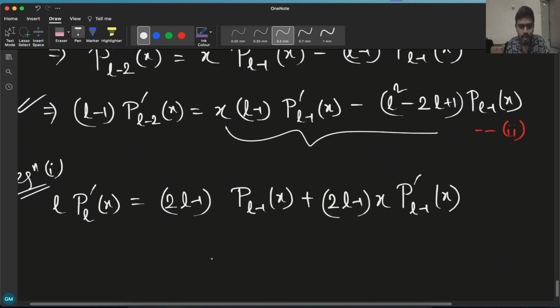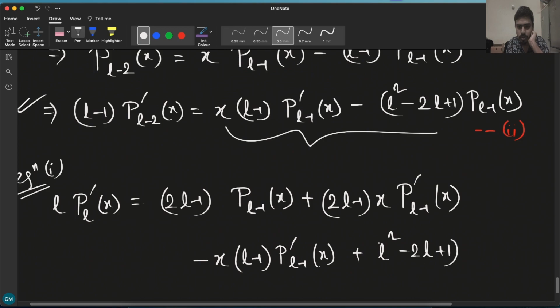So minus x times L minus 1 p dash L minus 1x plus L square minus 2L plus 1 times P of L minus 1x.